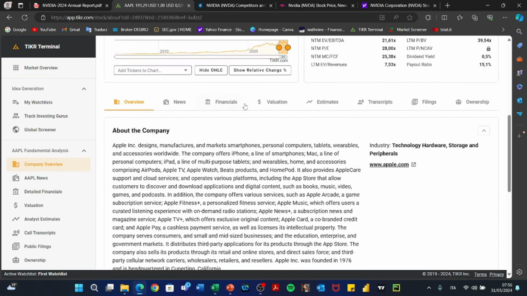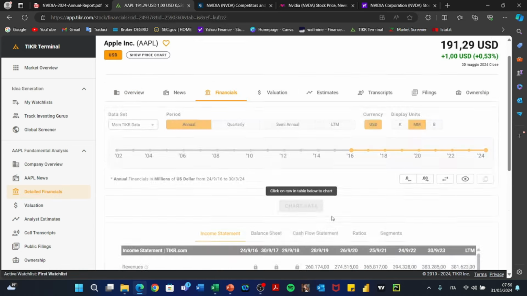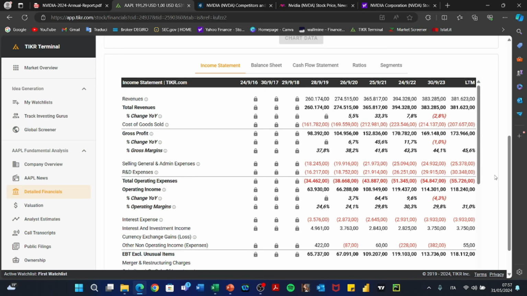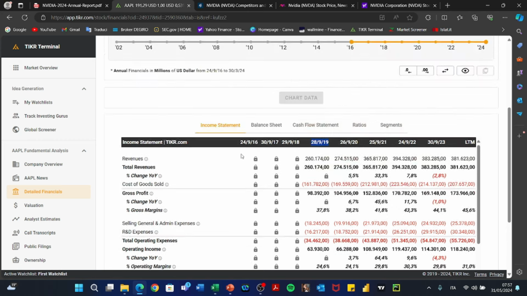So if you go, for instance, on financials, here you can find all the information I've put into the Excel. So here you have the last 12 months, the last fiscal year, and this is the fiscal year previous to the last one, which should be 2022, if I'm not mistaken.